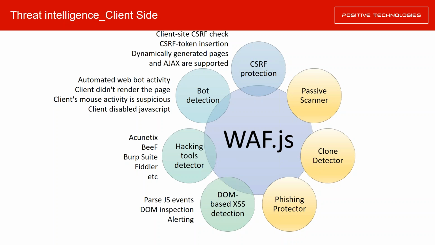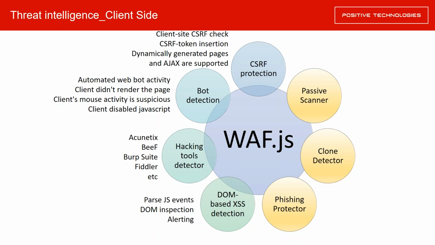So I have PT's application firewall set up as a reverse proxy. So every time from the browser side I request the protected web application, the application firewall injects WAF.js within the response, and it can monitor my mouse click activities, keyboard activities.